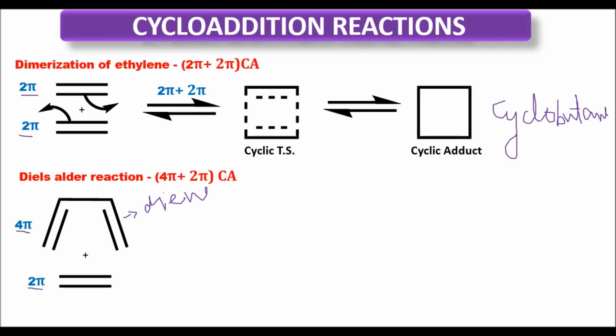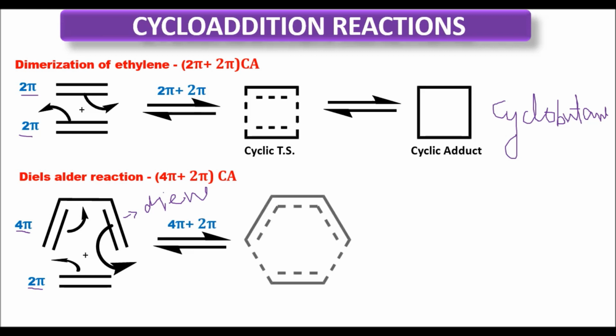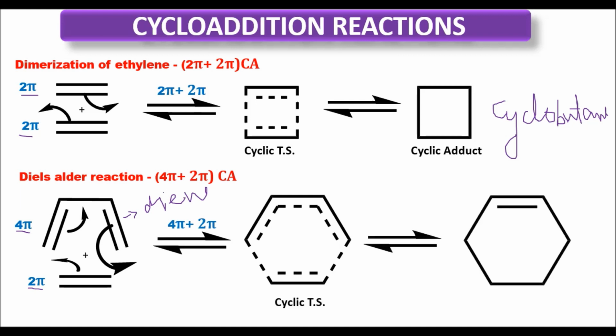The dienophile has 2 pi electrons, and these pi bonds shift here. Therefore this reaction is called a 4 pi 2 pi cycloaddition. First it forms a cyclic transition state, and the cyclic transition state leads to formation of the cyclic product, cyclohexene.